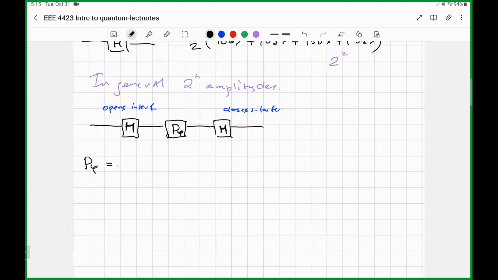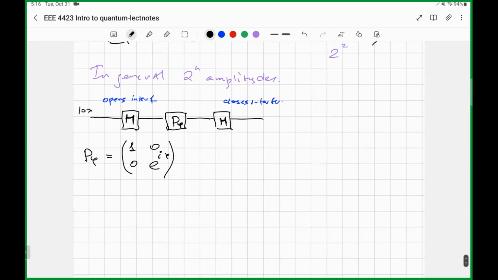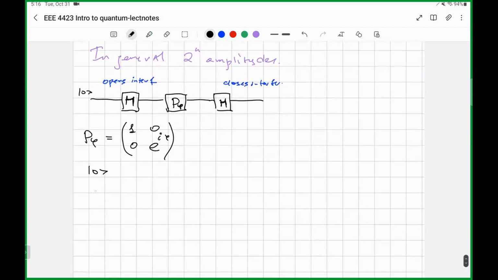Namely, this phase gate is given by its matrix 1, 0, 0, e to the power of i phi, as we discussed some time ago. Now if I go layer by layer for the input 0, I get 0 in the first layer, then I apply Hadamard, which creates state 1 over square root of 2, 0 plus 1.